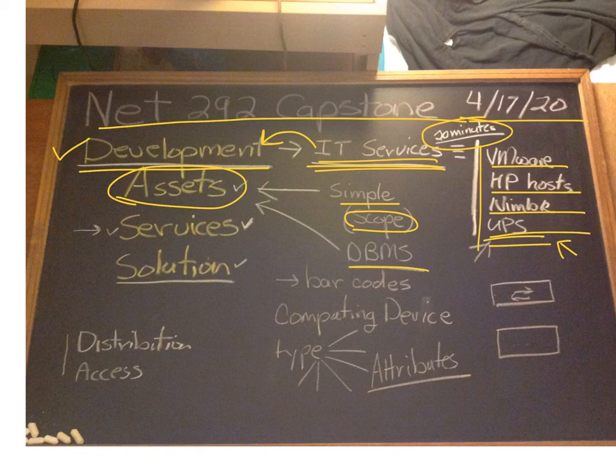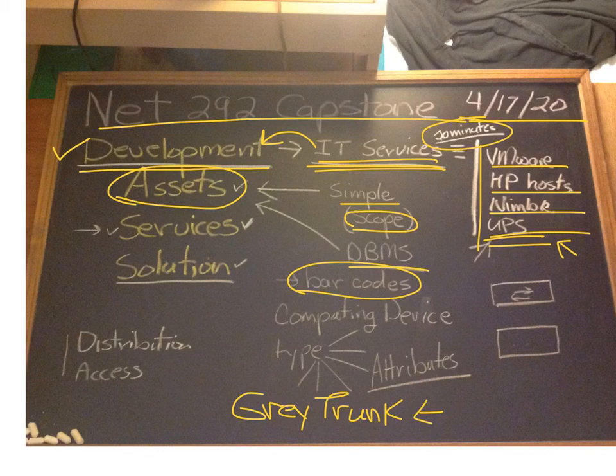It's like a database, but we're using barcodes, and the students came up with some really good solution. Gray Trunk, they're part of Metalcraft, and we're working with them. Metalcraft's going to supply the barcodes for free. Gray Trunk offers the software for free.